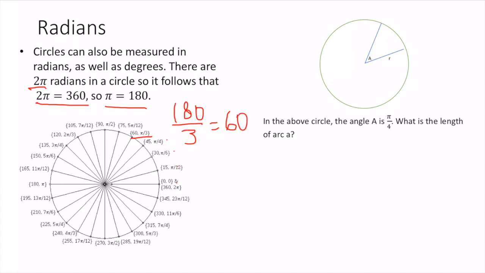Now I'll just replace 180 with pi, and I'll still divide it by 3. So these two things are equivalent, and I can do that for any one of these.